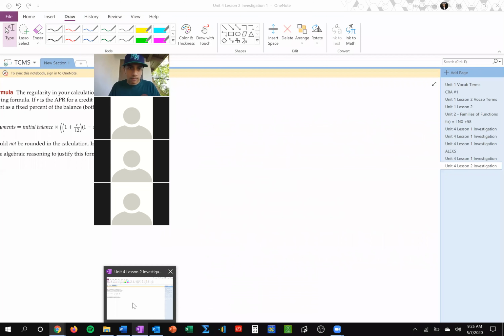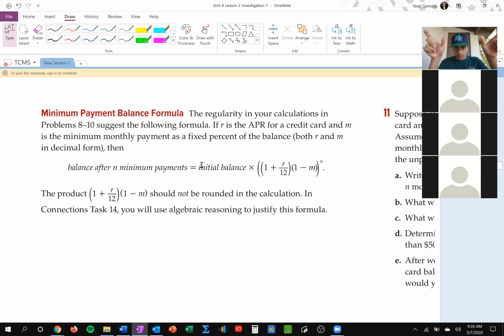Those problems were extended versions of that, to get you to look at it through the lens of a spreadsheet, so you can see how your balance is getting reduced and how your minimum payment is also shrinking because you're making progress towards the balance. But as you're making progress, the interest is kicking your balance up a little bit. So it's like you're only working about half a step towards your goal because interest is working against you.